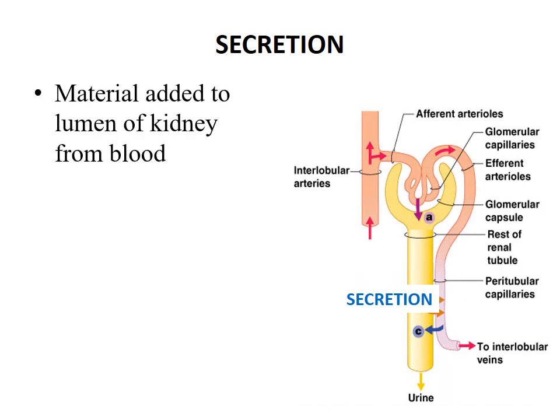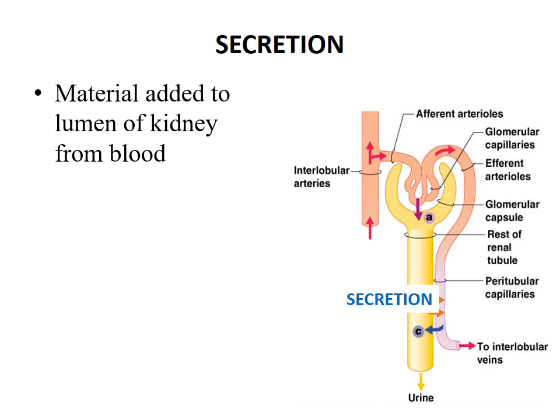Secretion. It is the process by which some materials are added to the filtrate, added to the lumen of the kidney from the blood. So you can see that secretion is taking place. This is the bloodstream, this is the peritubular capillary. From the peritubular capillary, you can see that the arrow marked by C is moving to the tubules.